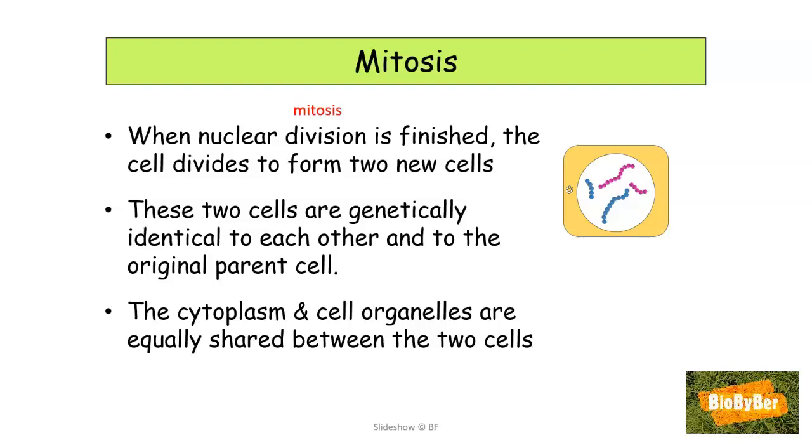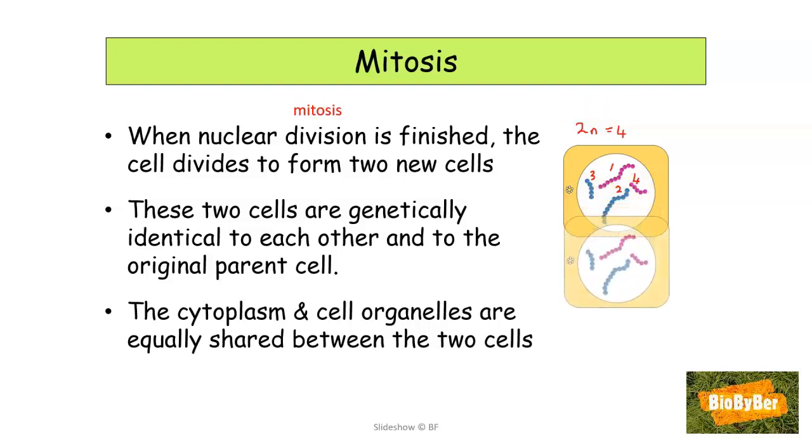Here we can see that this cell has 4 chromosomes, 1, 2 long ones, 3 and 4. The diploid number of this cell, or 2n, is 4, meaning that you have a total of 4 chromosomes and that they exist in pairs.